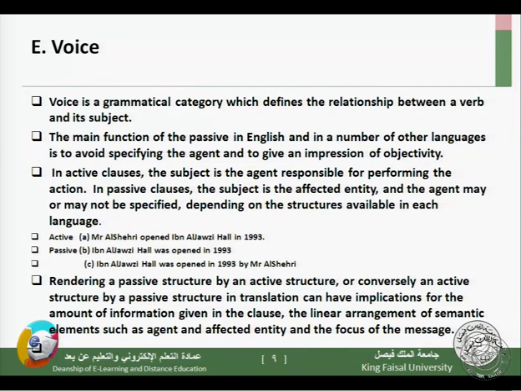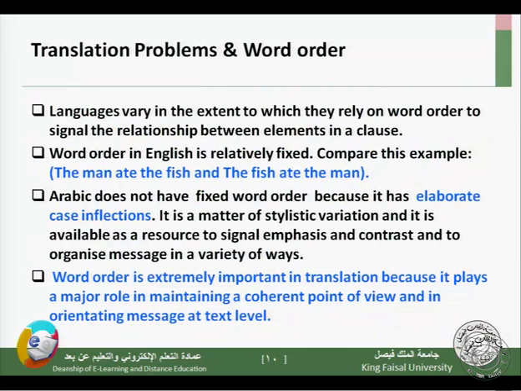Okay. Now the last point, as I promised, is word order. Word order is a very important phenomenon in English. You need to understand it very well. Why?